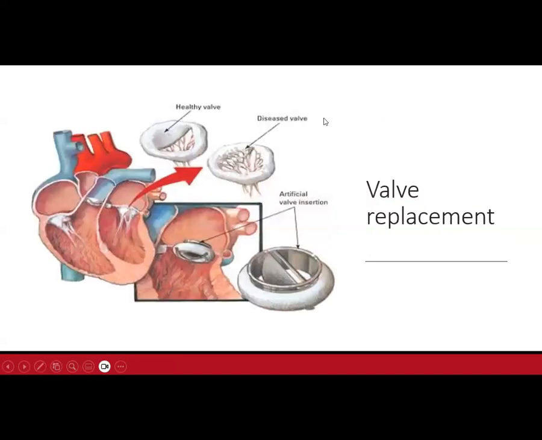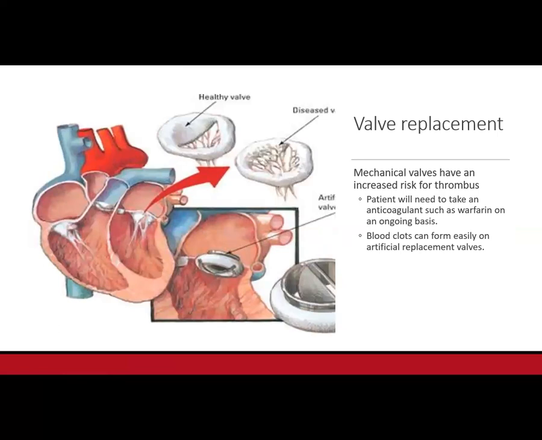And then kind of going back to this valve replacement here. So mechanical valves have an increased risk for thrombus. So this is what's really big about these mechanical valves. The patient will need to take anticoagulants such as warfarin on an ongoing basis. So with these patients, they pretty much have to take anticoagulants for the rest of their life.